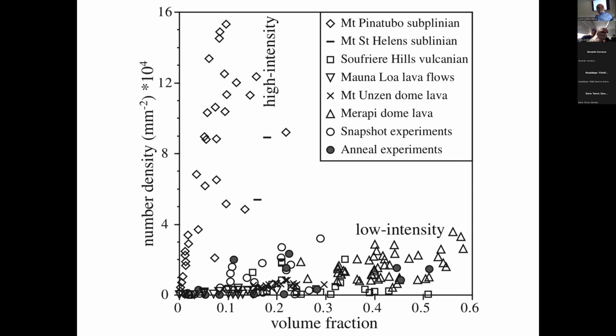Here they were collected from lower intensity activity, where crystal fraction is higher and the crystal number density is low. So possibly here we have something related to not very large undercooling, or something that is growth dominated.